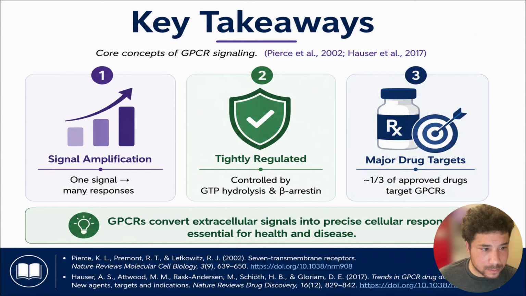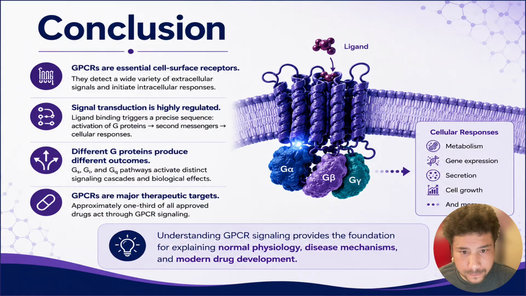And so here are the key takeaways that we should be focusing on: signal amplification, how things are tightly regulated, and some of the major drug targets that are affected by these GPCRs.